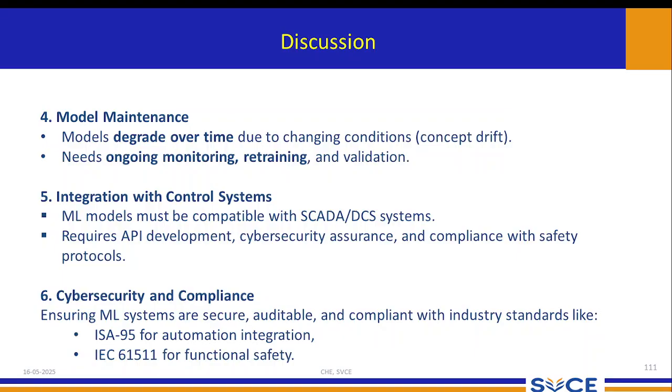So it requires API development, integration with the control system, and cyber security assurance. It should be fully protected and in compliance with the safety protocols. At no cost should we forfeit safety. That means we should not compromise on safety for any purpose.